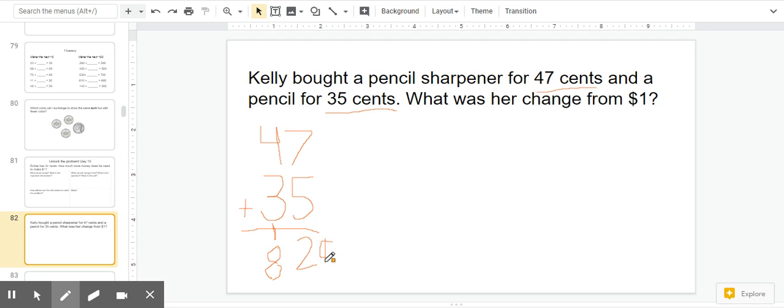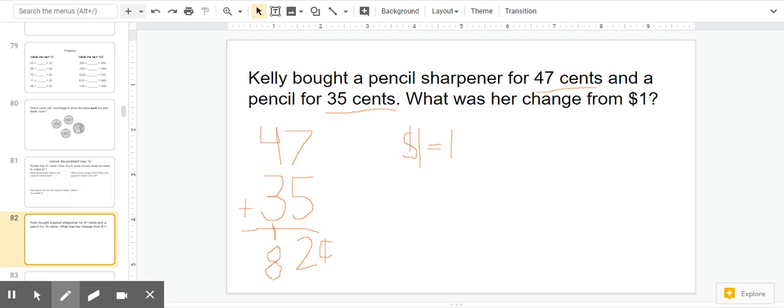Now it's asking what was her change from $1. So I remember from the last problem that $1 is the same as 100 cents. $1 equals 100 cents. To solve this problem, we need to change $1 into 100 cents.